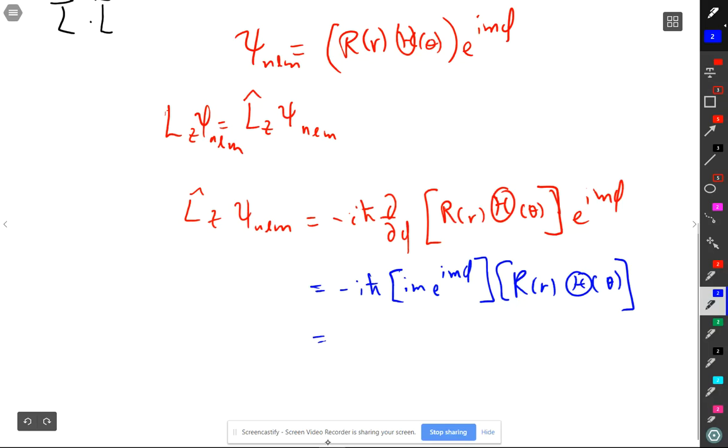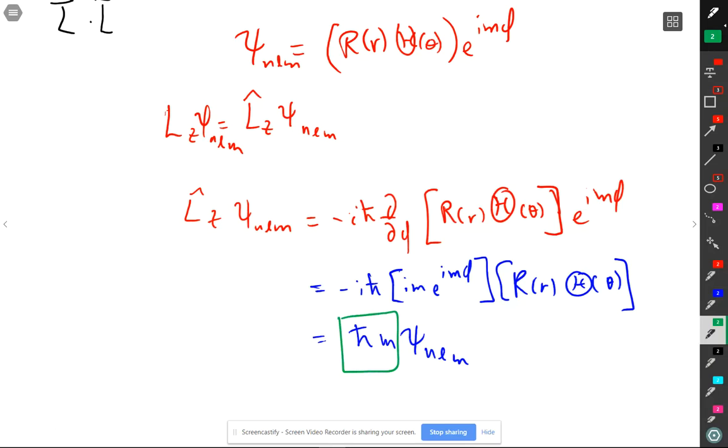Minus i times i is plus i. And so there we have our eigenvalue, which is h bar m.